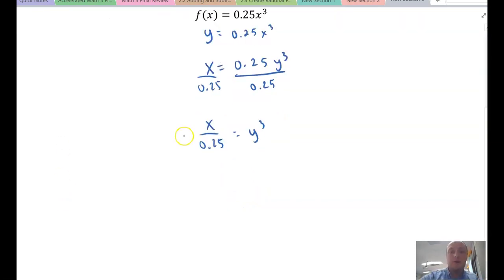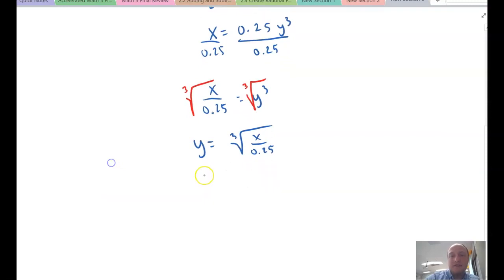Okay, got to solve for y. How do I do that? Well, you take the cubic root. I'm going to take the root, and notice the index on this radical is 3. That just means we're taking the third root. So we get y is equal to the cubic root of x divided by 0.25, and this is our inverse function. f inverse of x is equal to the cubic root of x divided by 0.25.